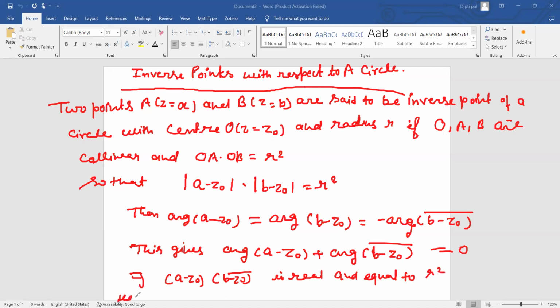Hence (A minus Z0)(B minus Z0) whole bar equals R square is the required equation. So this is the equation of inverse points with respect to a circle.